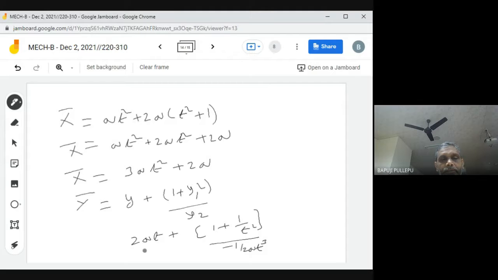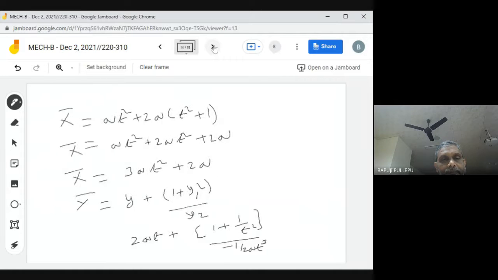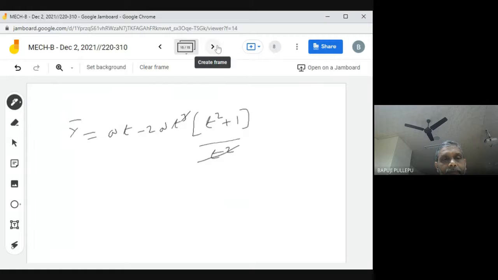Y bar is equal to 2at. Acha, this is 2at. Wait. I forgot the two. 2at. Correct, sir? Now clear.